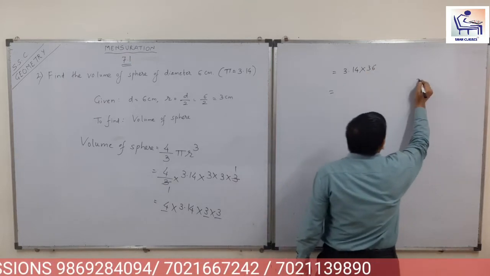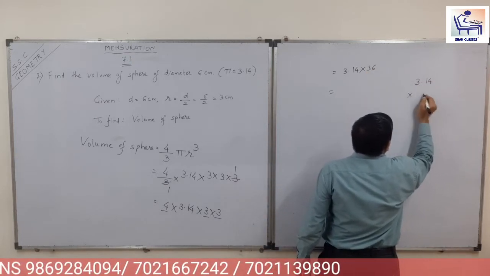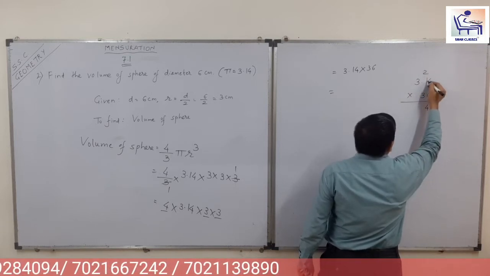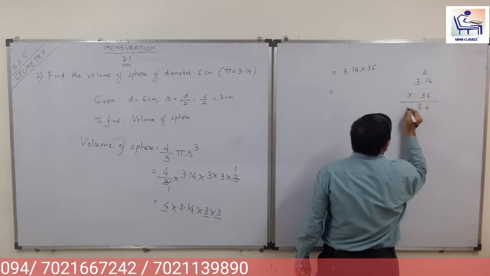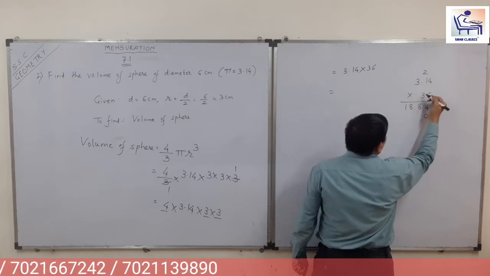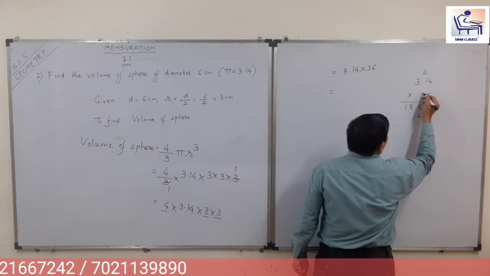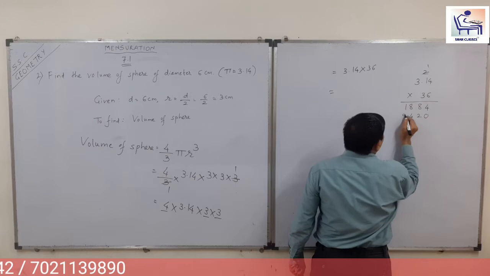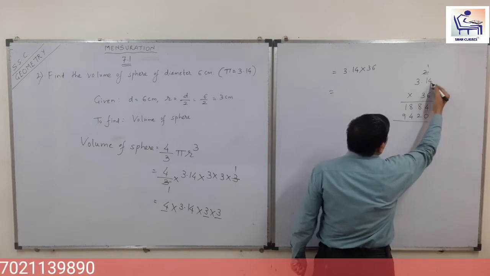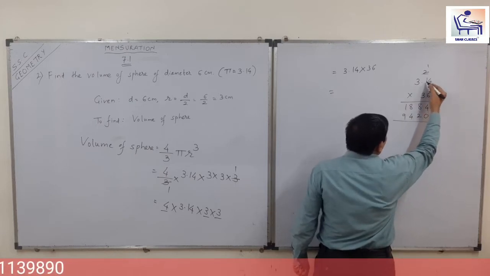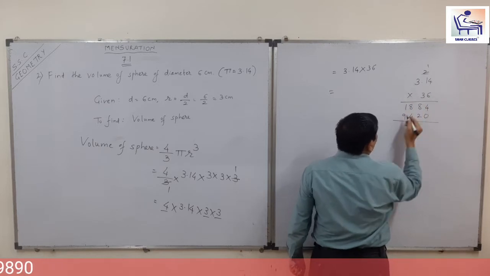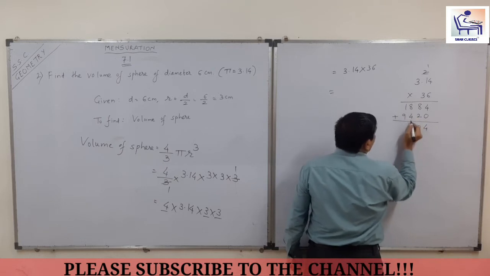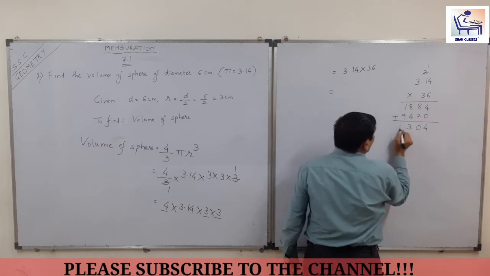So now you multiply them. 6 4s are 24, 6 1s are 6 plus 2, 8, 6 3s are 18. Now 0, 3 4s are 12, 1 carry, 3 1s are 3 plus 1, 4, and 3 3s are 9. Add them up: 4, 8 plus 2, 10, 1 carry, 9 plus 4, 13, 1 carry, 10 plus 1, 11.